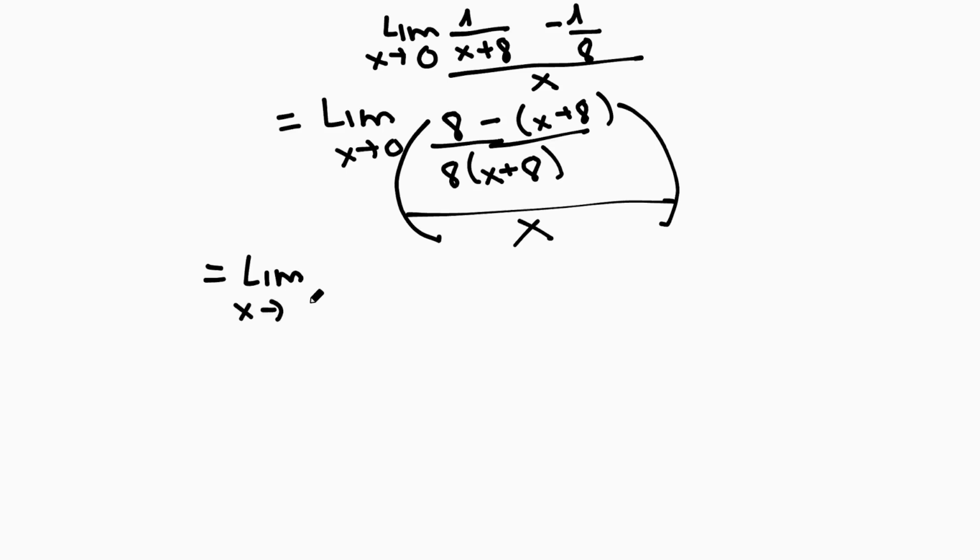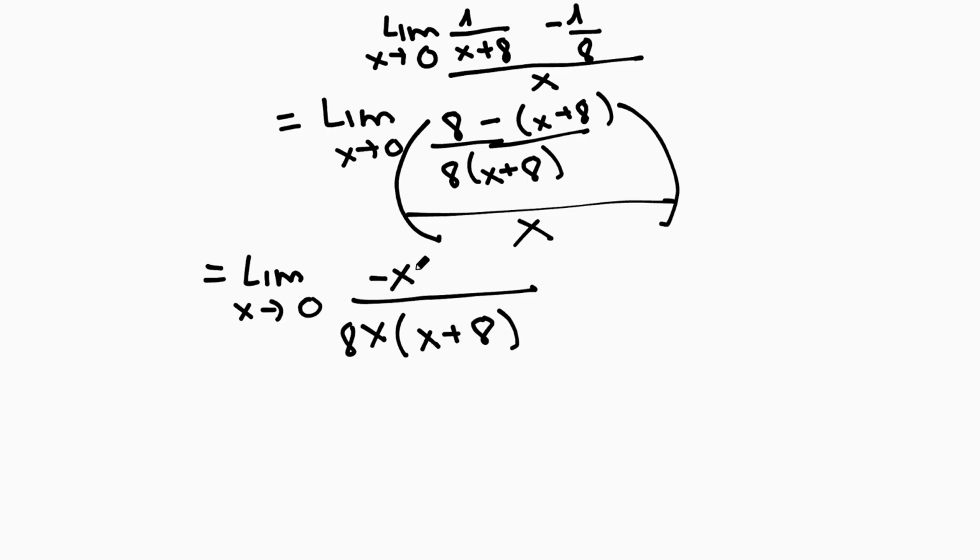It's going to be equal to, I'll calculate this one here right away: 8 minus x and then minus 8, it's going to be negative x over 8x times x plus 8.